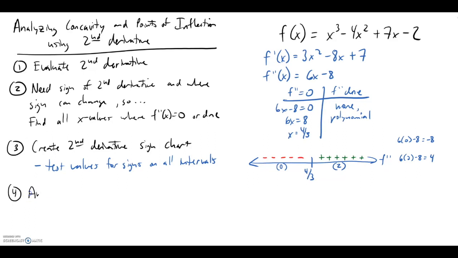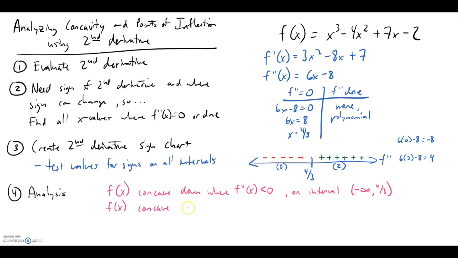In step 4, the only thing left to do is the analysis. So, we are going to say that our original f of x function, that cubic, is concave down when the second derivative is negative. And this is going to happen on the interval negative infinity up to 4/3. We will also say our function is concave up where the second derivative is positive.